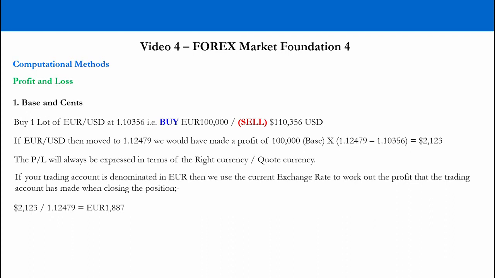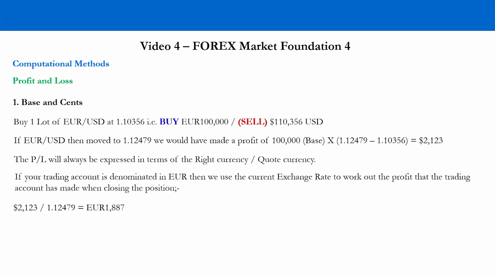So the currency that the trading account is denominated in, because they're the same. So we take the profit, $2,123 expressed in the quote currency terms, and divide by the current exchange rate. So 1.12479, and we get to a profit of 1,887 euros. So you can see that working out your profit and loss in base and cents is extremely straightforward.